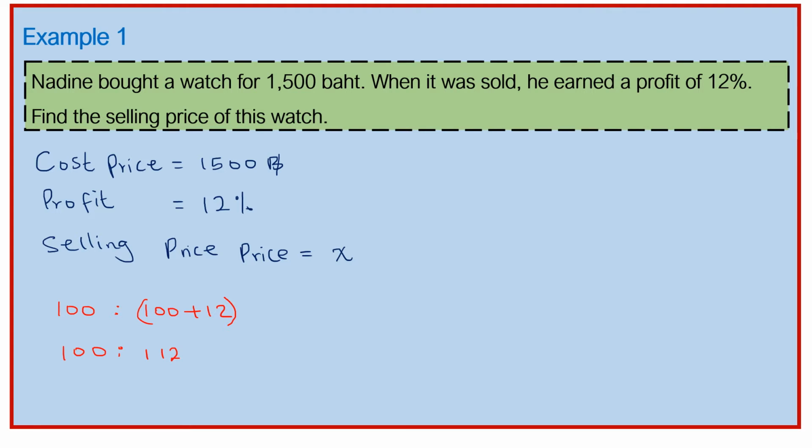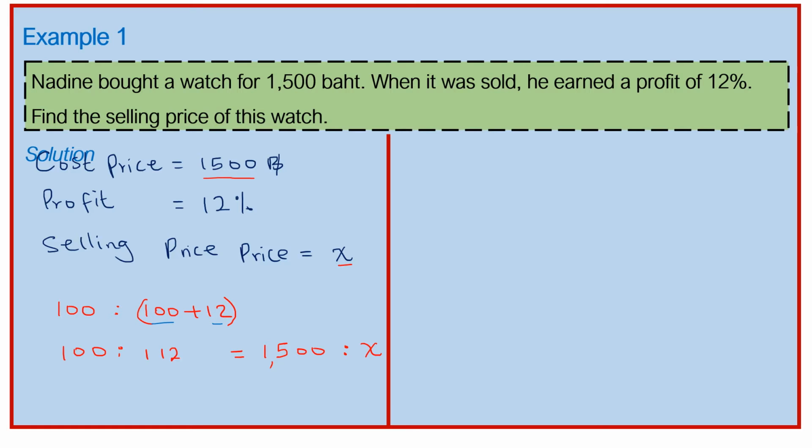Remember that to get the selling price, we get cost price plus profit. So cost price is 100 baht and profit is 12. Altogether, we get 112. Then, this is equal to, when the cost price is 1,500 baht, then the selling price is X.